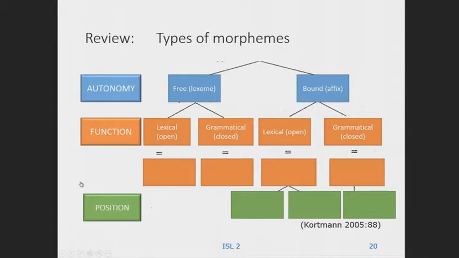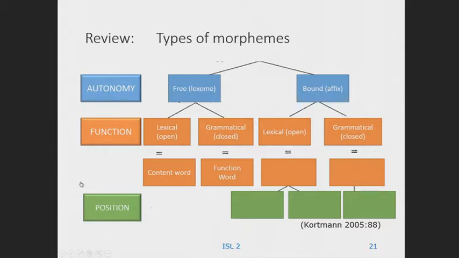What are our free lexical items? Our free lexical morphemes. Yes, beautiful. The content words. And the grammatical ones? Wonderful. Content words and function words. So sort of the open class of words and the closed class, right?